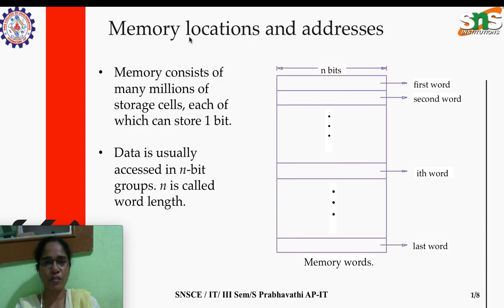Memory location is nothing but the place where the information gets loaded in the memory, and the memory address, in the sense, there will be an address to locate that loaded information from the memory. Memory consists of millions and millions of storage cells, where each storage cell has the capability to store one bit of information.